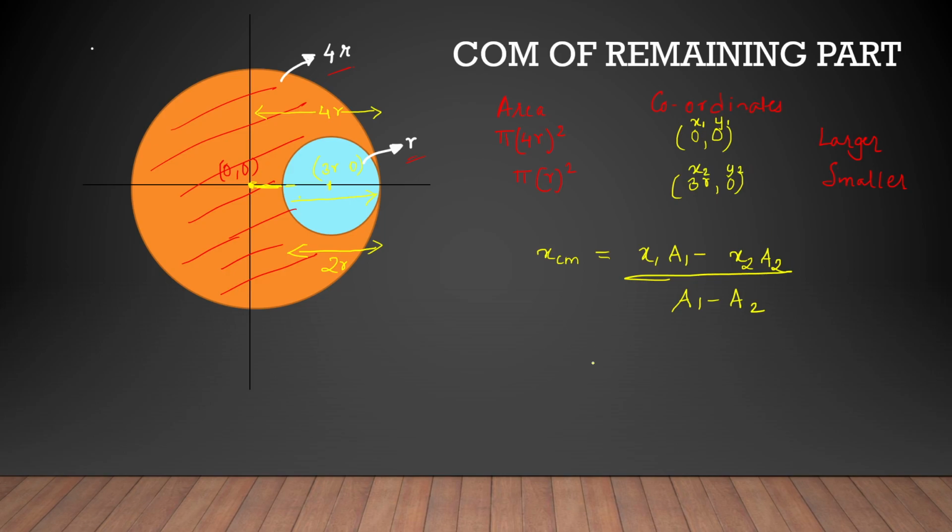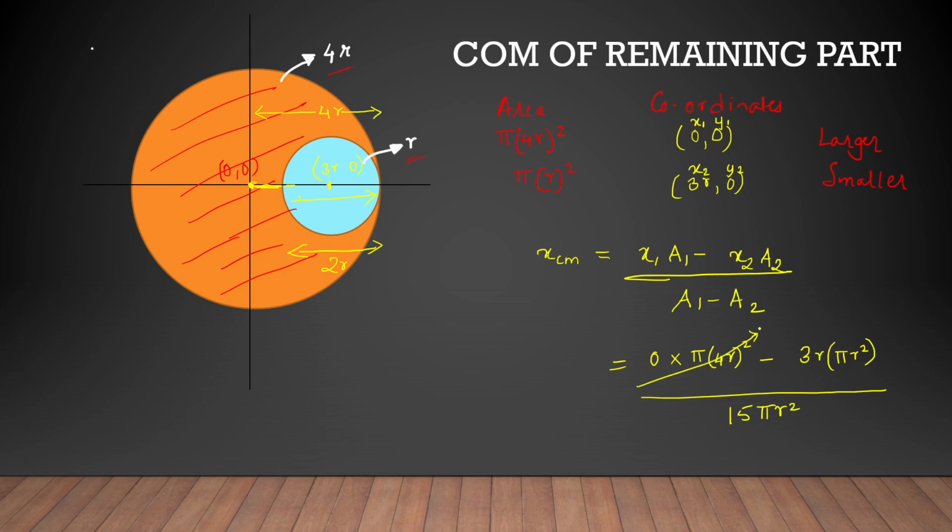Now substituting x1 in the formula, this is 0 multiplied by a1, whatever the value of a1, that is pi into 4r square, it would be 0. x2 is 3r multiplied by pi r square divided by a1 minus a2, which will be 15 pi r square.